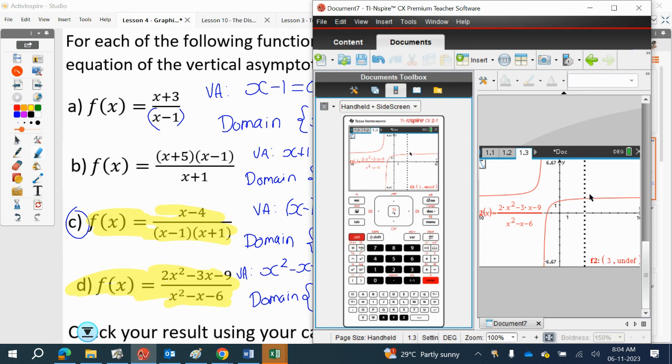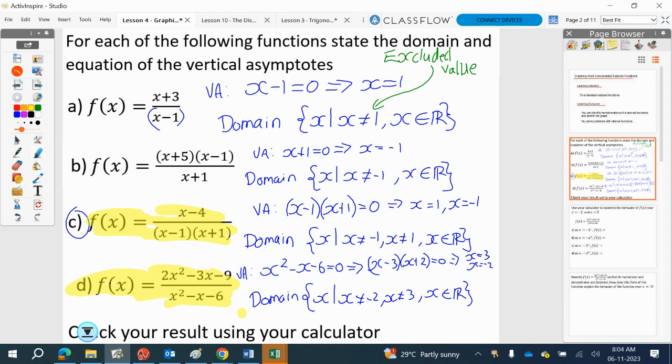What's going on here? Any ideas? Is it because the numerator is also going to be 0 if x equals 3? Kind of a yes and no. But let's have a look.